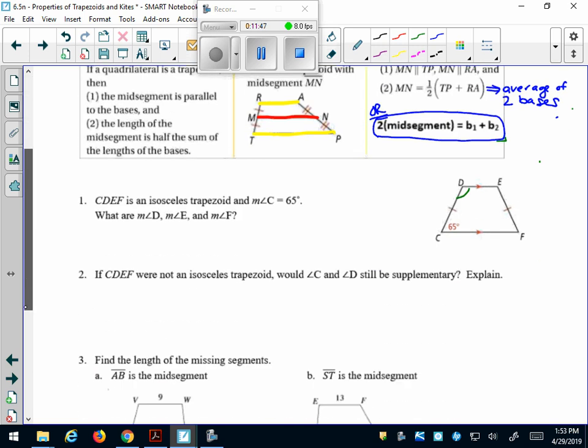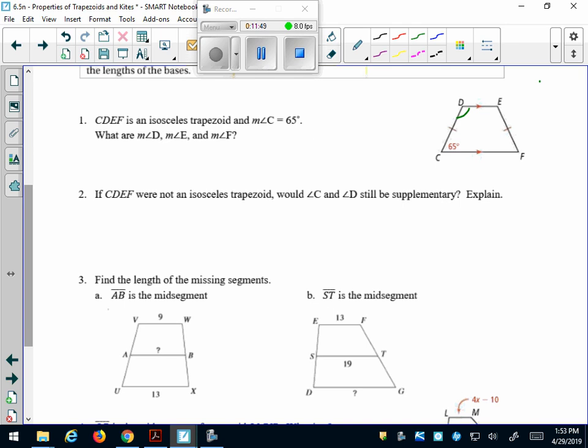Okay, so let's see the types of things we could figure out about trapezoids, right? If CDEF is an isosceles trapezoid, and the measure of angle C is 65 degrees, what is the measure of angle D, E, and F? Measure of angle D is, what is it? 115.